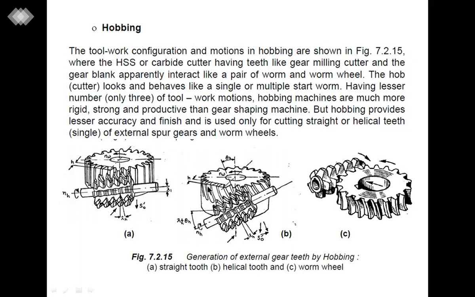We can also cut helical gears, that is inclined teeth, on the gear blank using the hob with multiple cutters, but the inclination is more than for the straight teeth cutters. Also we can manufacture the worm wheel using this hobbing process, where this hob with multiple cutters is engaged with this gear blank, and it manufactures the worm wheel.